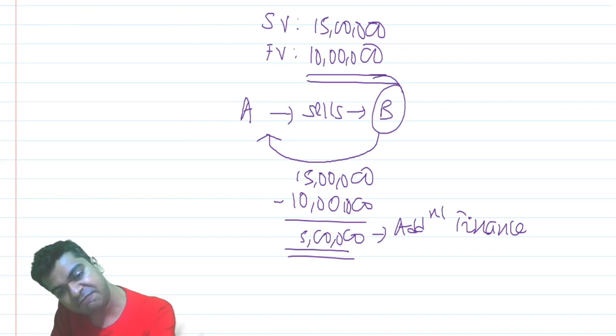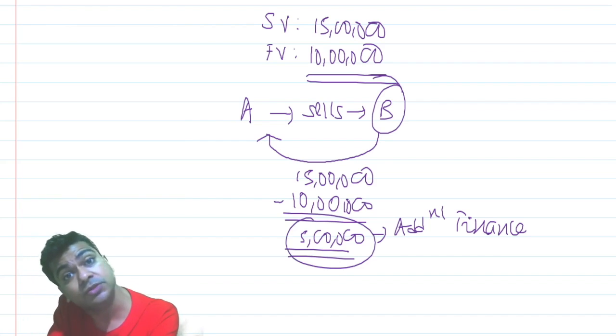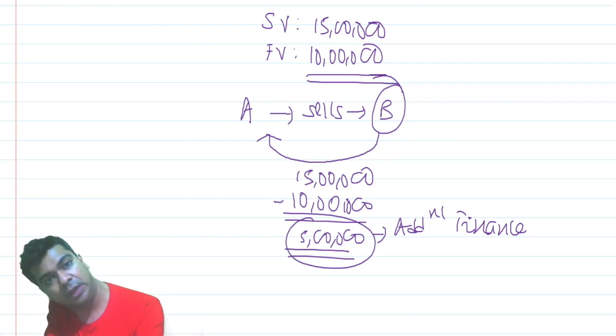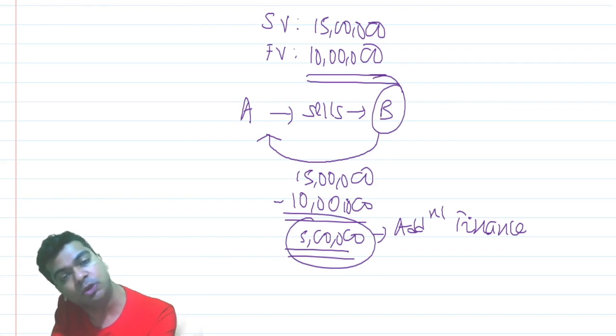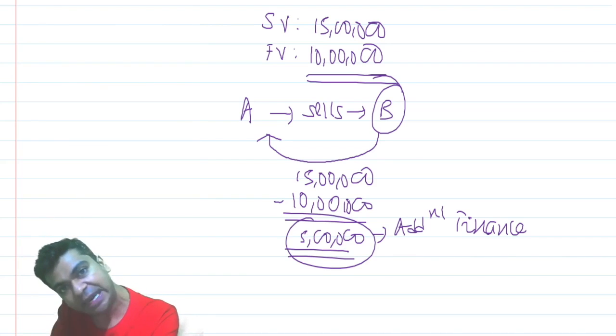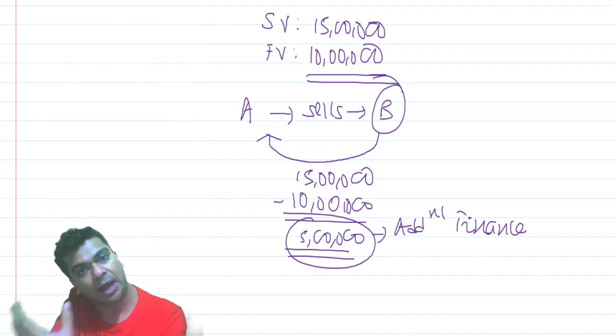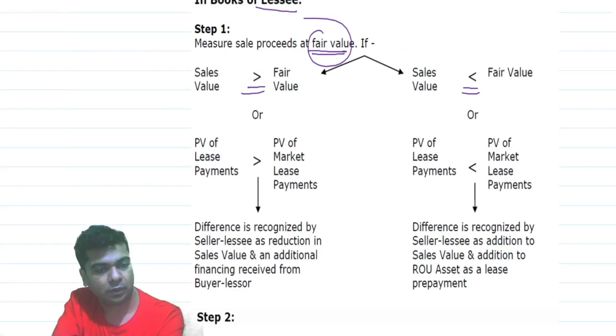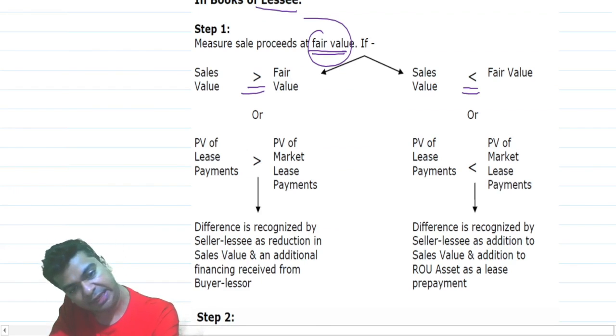So this extra 5 lakhs that you are receiving is not towards the asset. It is towards additional finance. You need extra money, and that's the reason the buyer is giving you this extra amount. So that's what they really say.